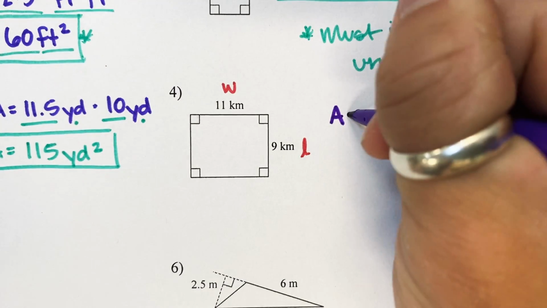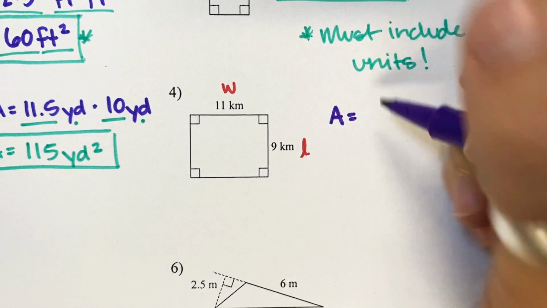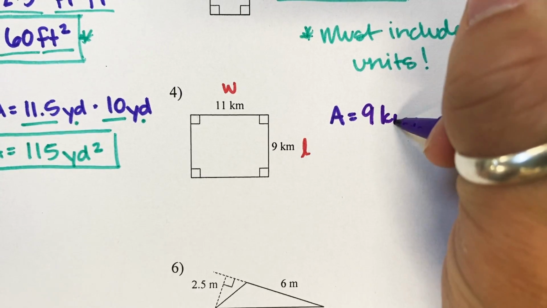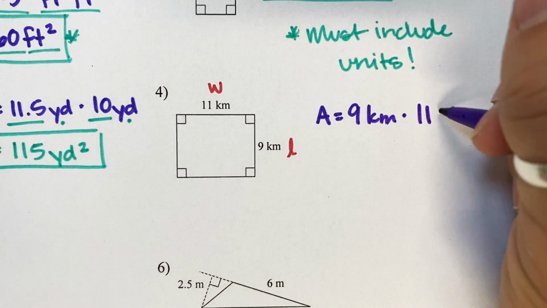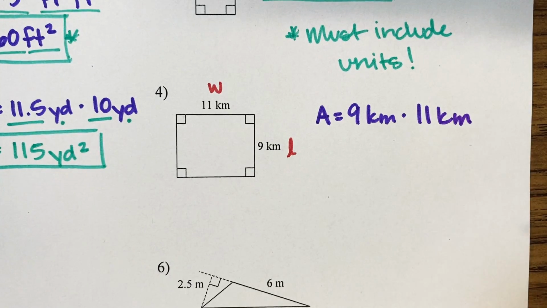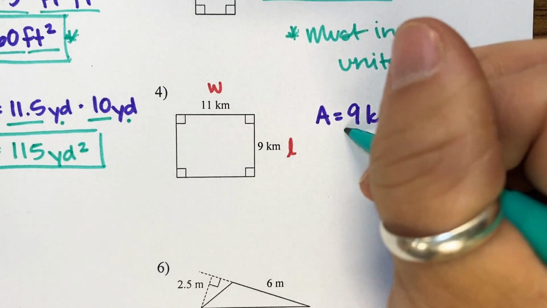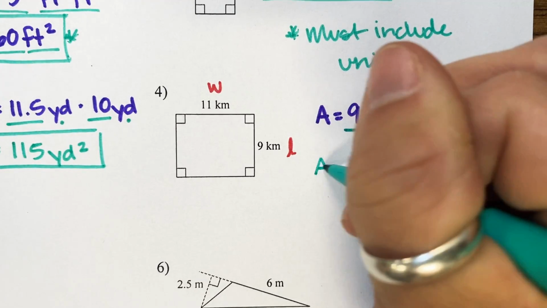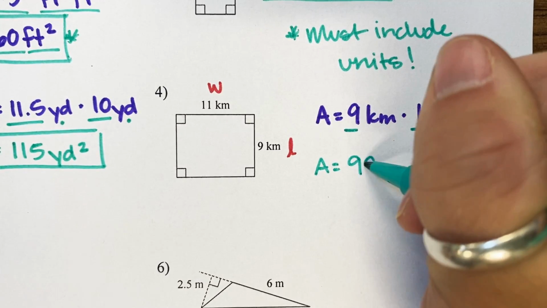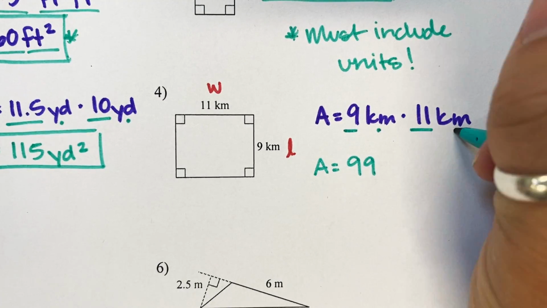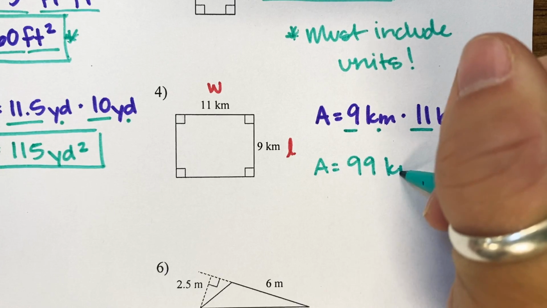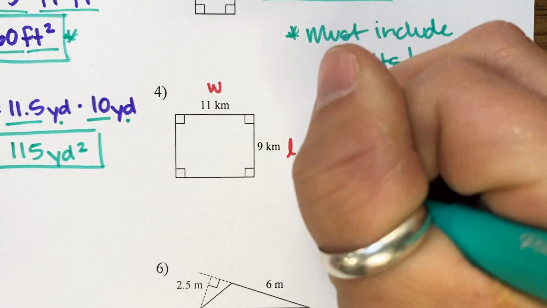So my area is length, 9 kilometers, times my width, 11 kilometers. I have 9 times 11, which is going to give me 99. And I have kilometers times kilometers, so I get kilometers squared.